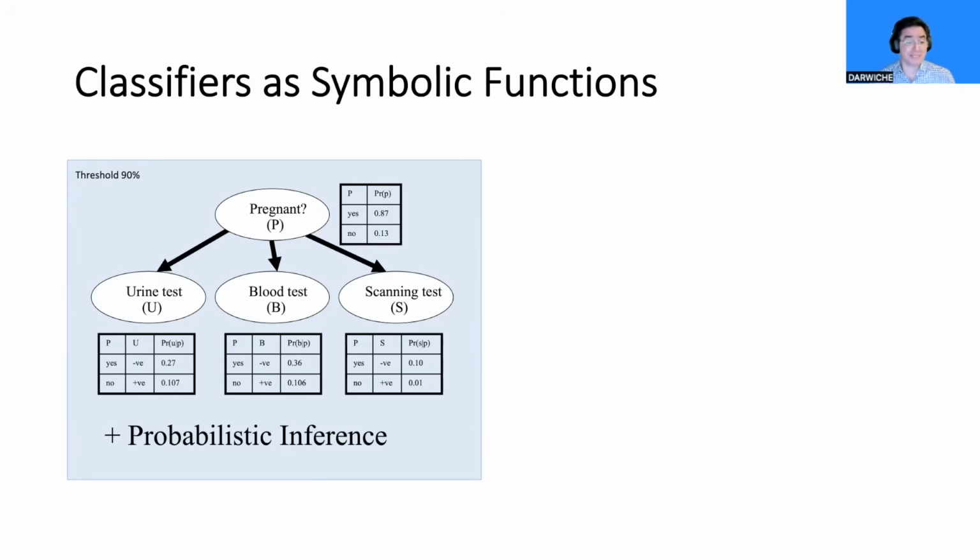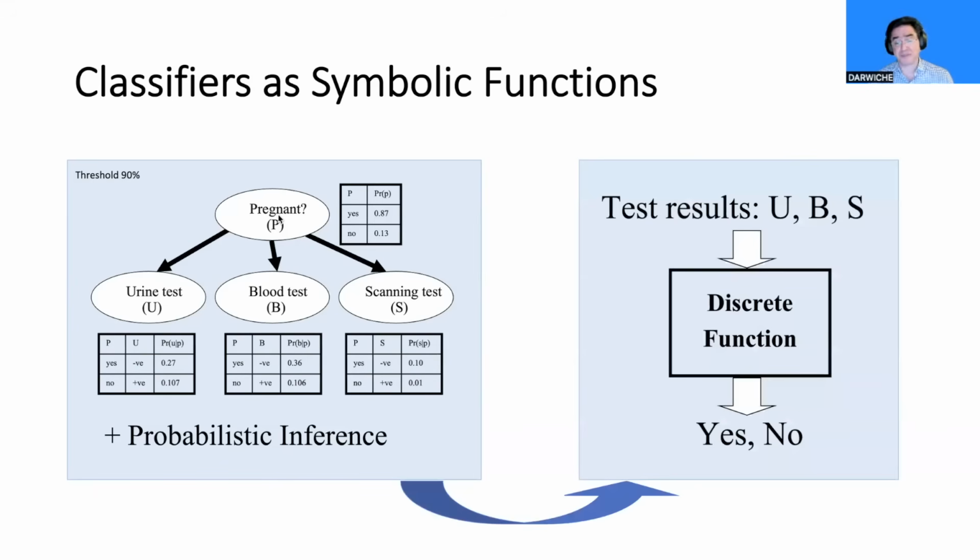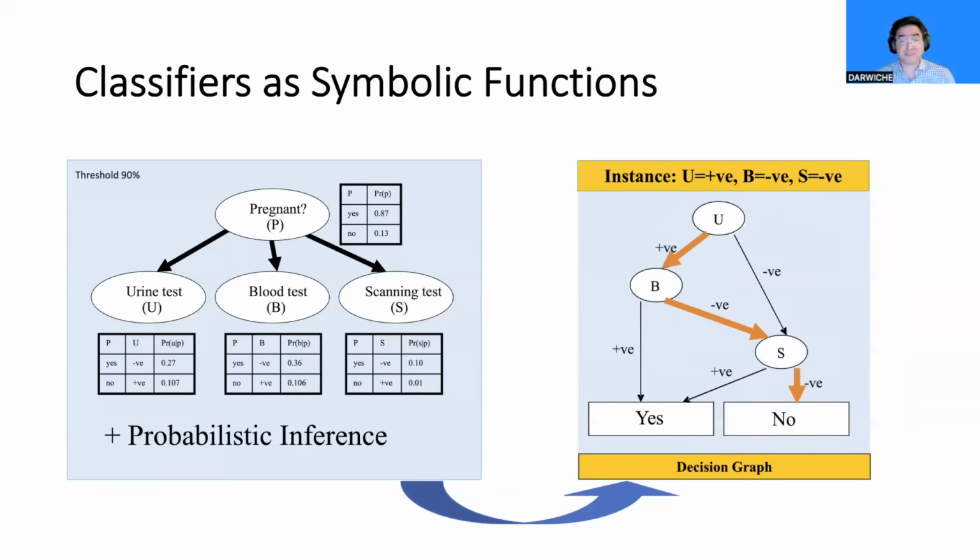But if you realize, the inputs, that is, the instances, are discrete and the decisions are discrete. So this is just a fancy way of specifying a discrete function. And we can obtain that discrete function in symbolic form. In fact, in this case, this classifier can be represented using this decision graph.